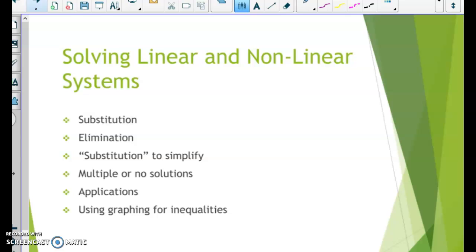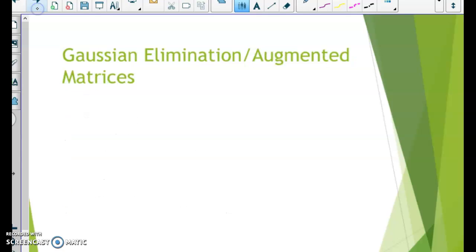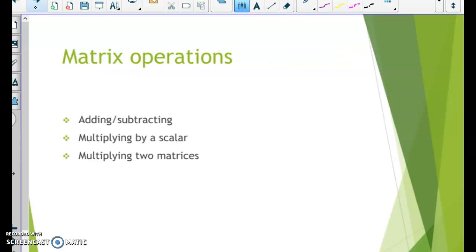Solving linear and non-linear systems. We did plenty of those, I thought. I don't know. Come with questions. Gaussian elimination, augmented matrix. We did plenty of that.